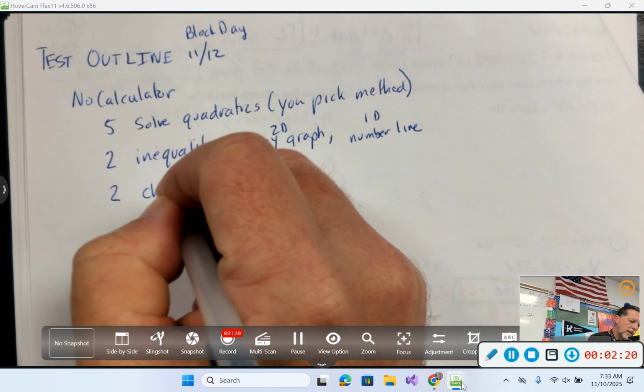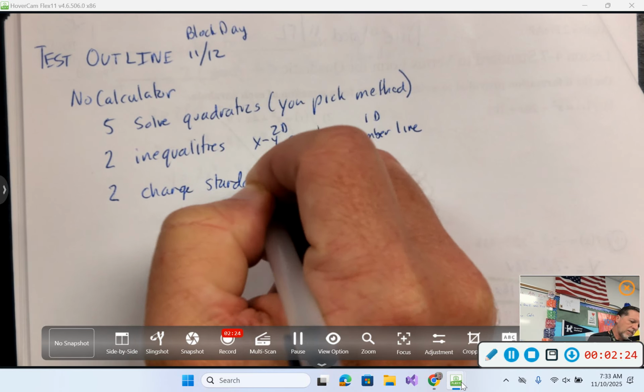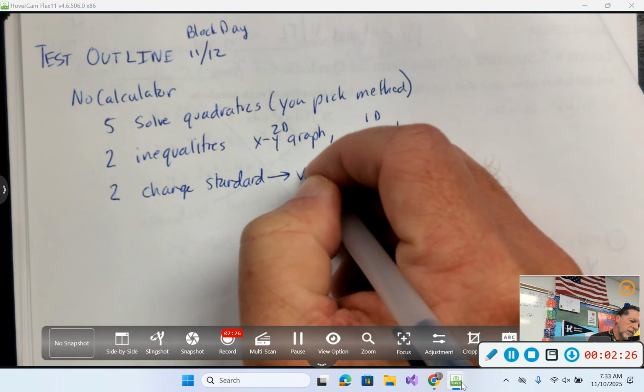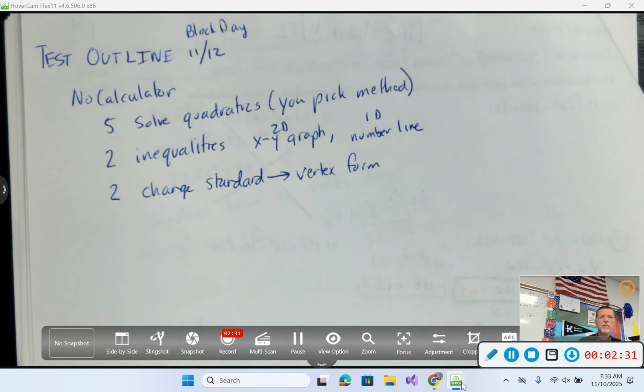Two that change standard form to vertex form. Do you remember what you have to do for that? I mean, that's push one to the side. Is that what you said? That's the very first thing.